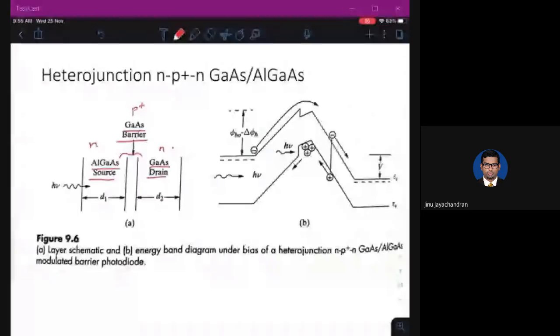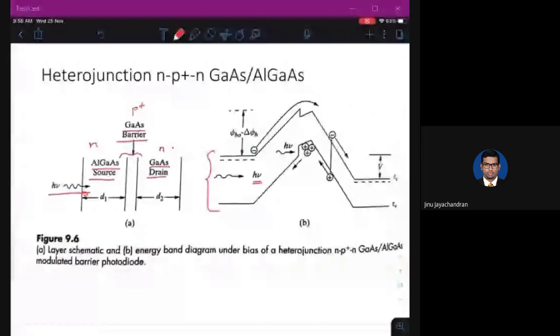Now the gallium arsenide barrier layer is so thin that none of the photons incident on that layer will be absorbed. The photons will be incident on the left side, on the aluminum gallium arsenide source. The aluminum gallium arsenide source has a huge potential barrier, or huge band gap, because of which if you send in a photon of energy or frequency less than this band gap energy, it will not get absorbed.